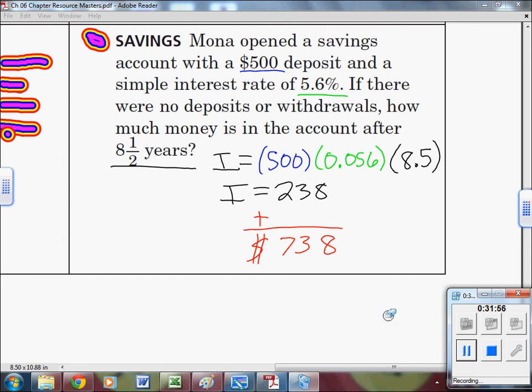If you loan a company money, or even if you're an investor, they're going to say, hey, thanks for that. I'm going to use that money to start or expand my business. I'm going to build a bunch of stuff, and sell it and make money. And this is their way of making it up to you. They'll come back and give you $238 on top of the $500 I owe you. That's my way of saying thank you for letting me expand or start my business so that I can make more money for myself.